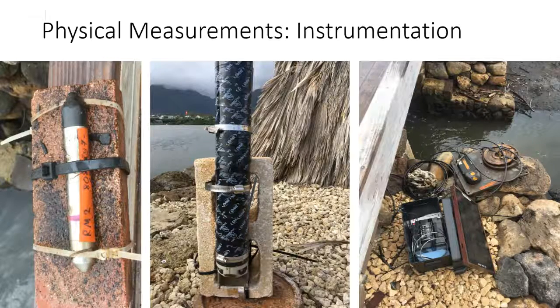In the beginning, we deployed both of them to see which one works better, because the conditions are very shallow and very channelized flow, and not all current meters work very well in these conditions. We ended up using the one on the right, the Sontek, that was powered by solar batteries. And on the left, you can see one of the pressure sensors that we use to monitor water level.